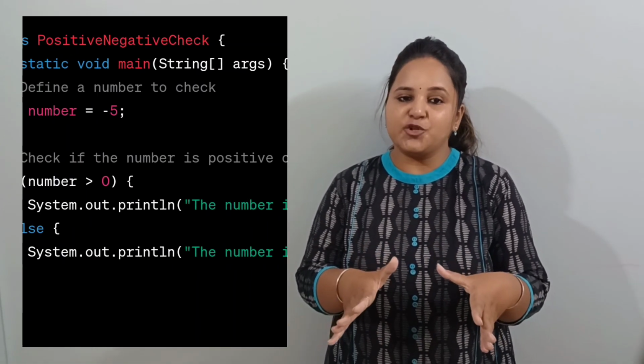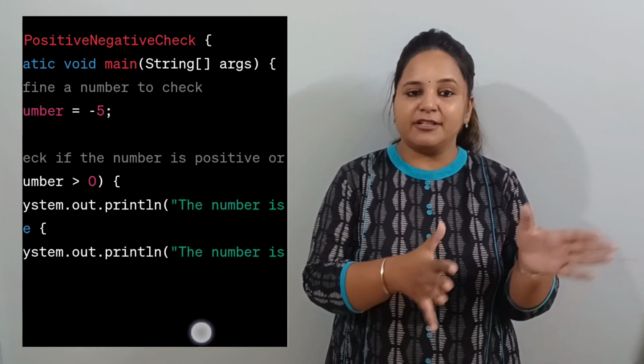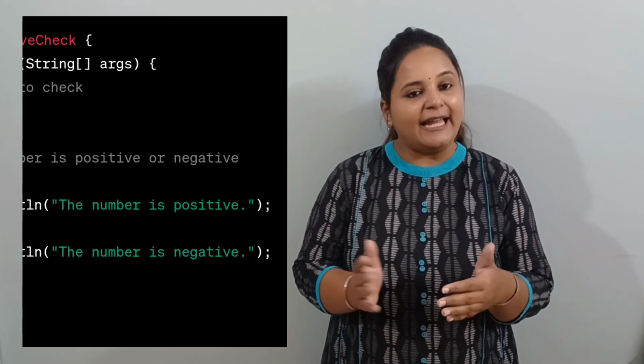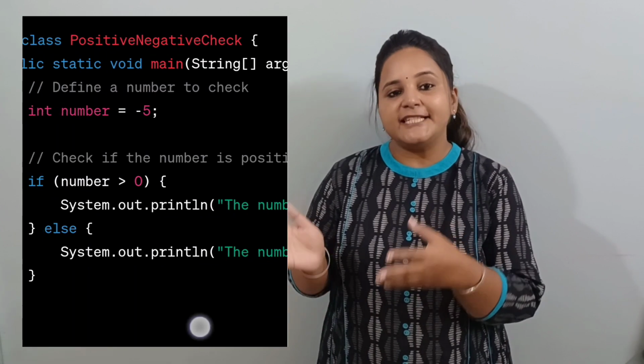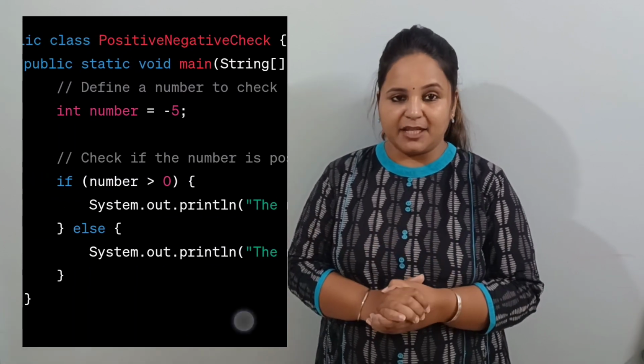If the condition is true, then the statements after the if are executed, and if the condition is false, the statements after else are executed. Whichever part of the statements are executed, accordingly the output is generated on the output terminal window.